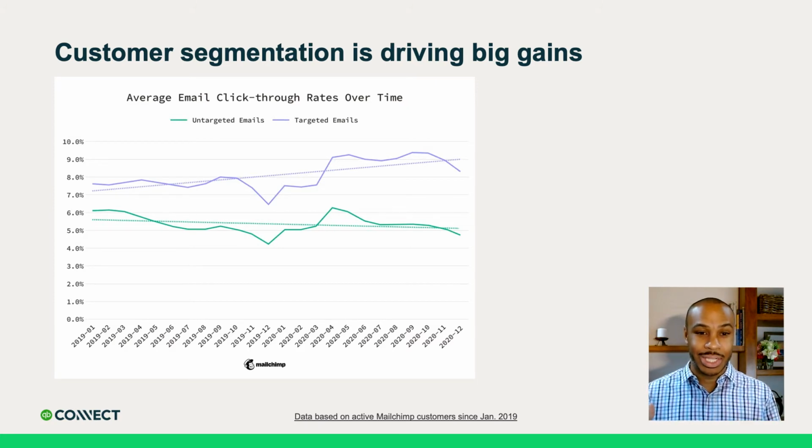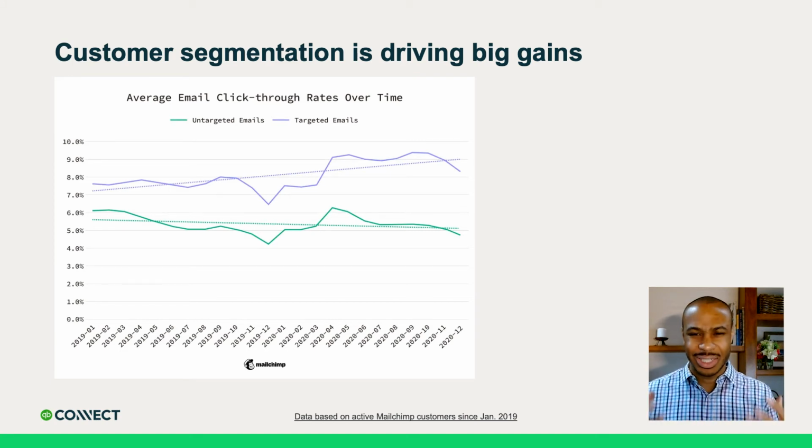The top trend line shows growth over time of click-through rates for people sending targeted campaigns, and in parallel, a slightly downward trend in click-through rates for people who are sending untargeted emails.